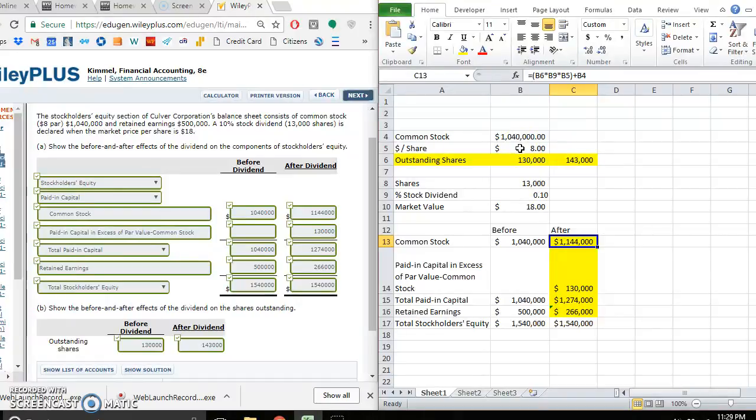So all that is multiplied and then added to what we already had, which is right here. So that's how we get our answer of 1,144,000.